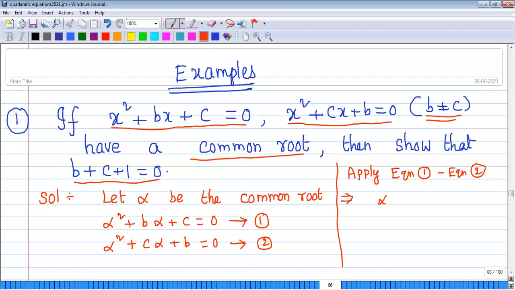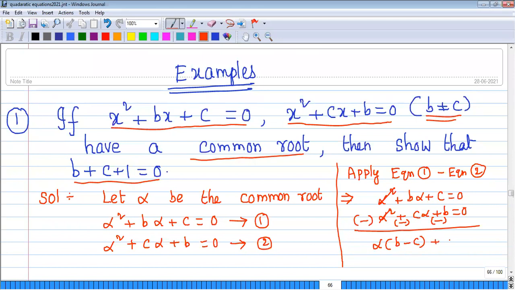Alpha square plus b alpha plus c equals 0, and alpha square plus c alpha plus b equals 0. Subtracting, the signs change: plus changes to minus. Alpha square cancels. From b alpha minus c alpha, take alpha common, you get alpha times b minus c, plus c minus b equals 0.